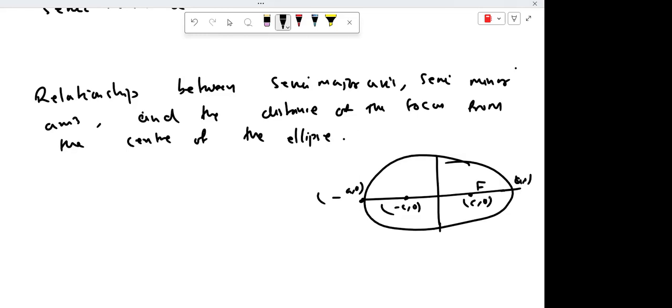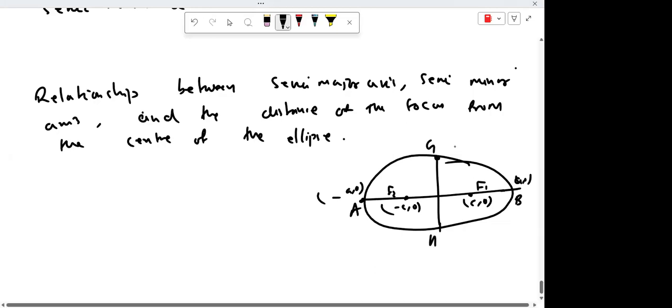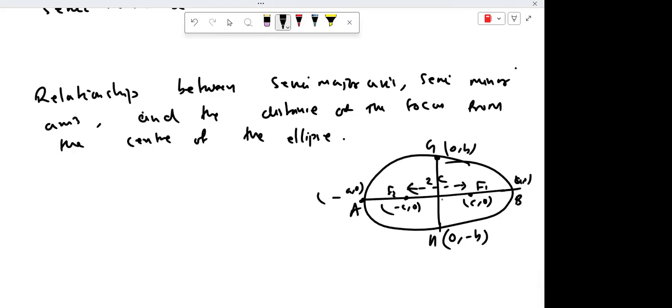Let's name this F1. This is F2. This is A and B. Suppose this is G and H, 0 comma b and 0 comma minus b. This length, the distance between the foci, is 2c, as we can see, right?